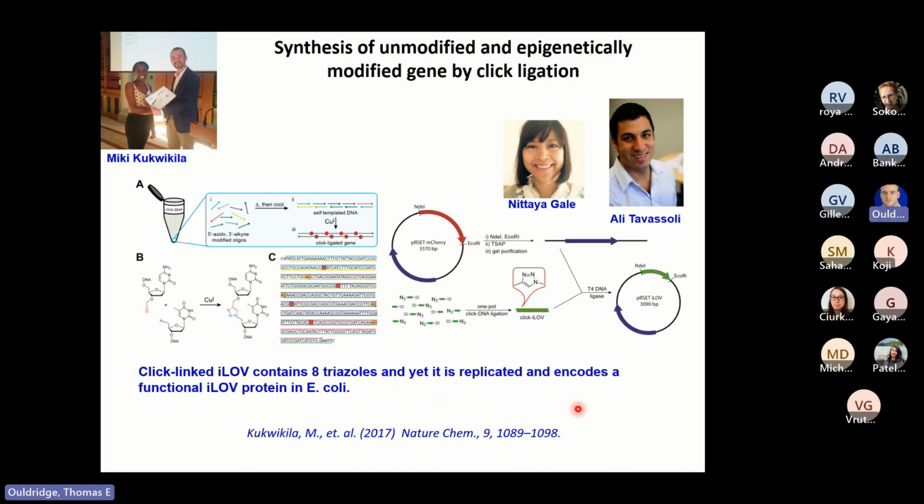And we were able to show that when we assembled that gene, it can be expressed in E. coli. So we assembled a full gene, albeit a very small gene, using this methodology, and used it to make a protein in E. coli. We've since gone on to make bigger genes than this, but this was the first example that we did, which we published in 2017.